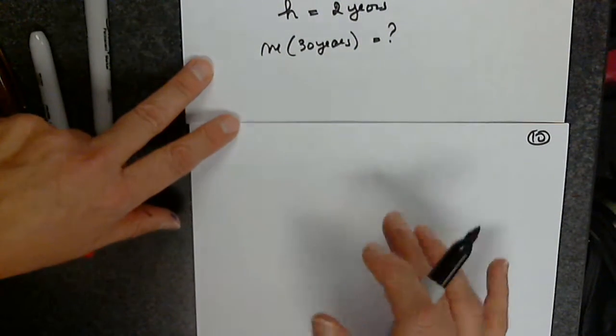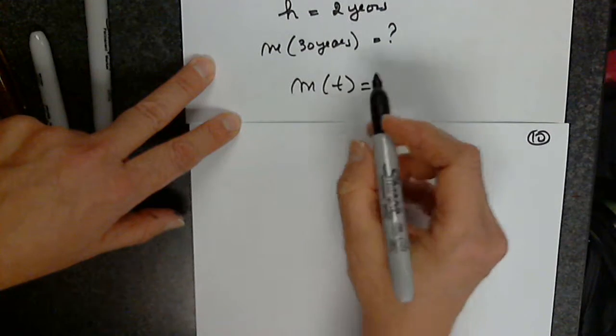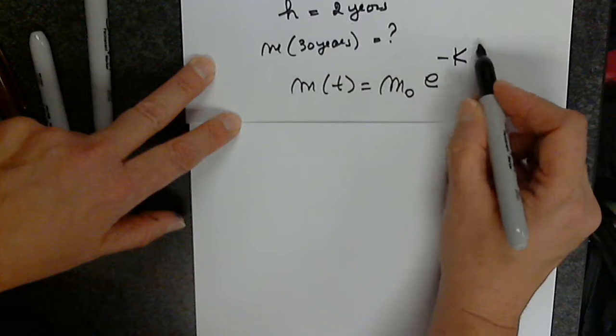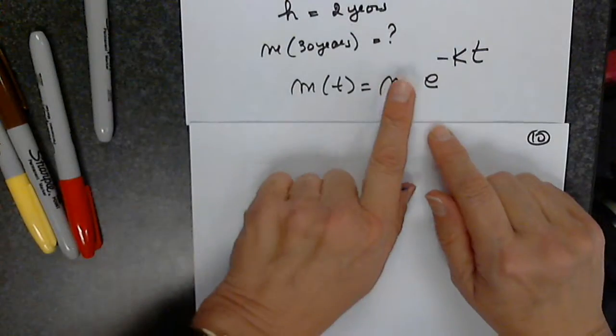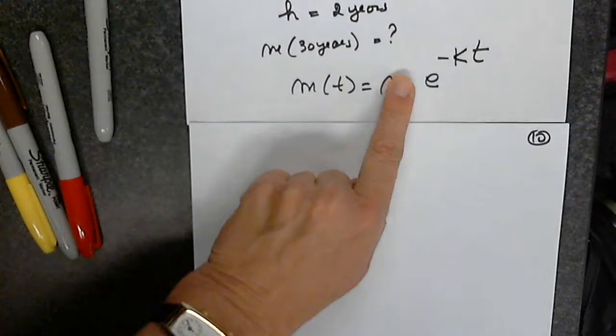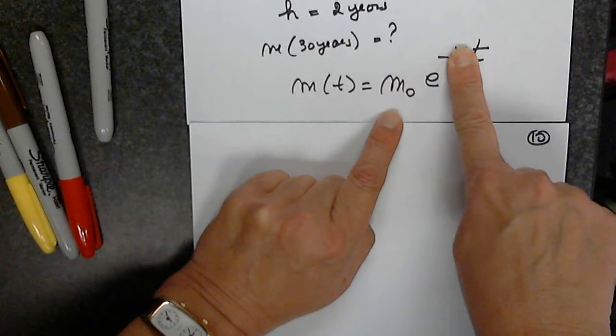I will write the model. I know that the model looks like this. The mass at time t equals the initial mass times e to negative kt. Two things I need to find. The initial mass, which I have. You're right. But what I don't have is the decay rate.